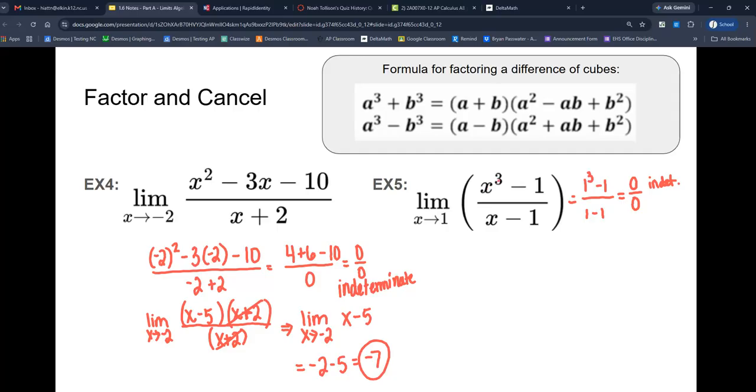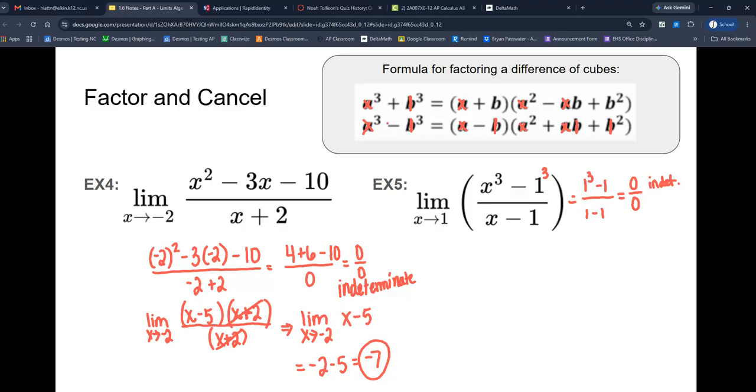So here I've got x to the third. Is it okay for me to say 1 to the third? Would that still be the same? Yeah. So if I write it this way, really my a is x, right? So I could change all these a's right here to x's, and then my b is 1. Actually, I'm using the wrong formula because I have a minus sign. So this is an x, this is an x, this is an x, this is an x, and then all my b's are 1s, like this.